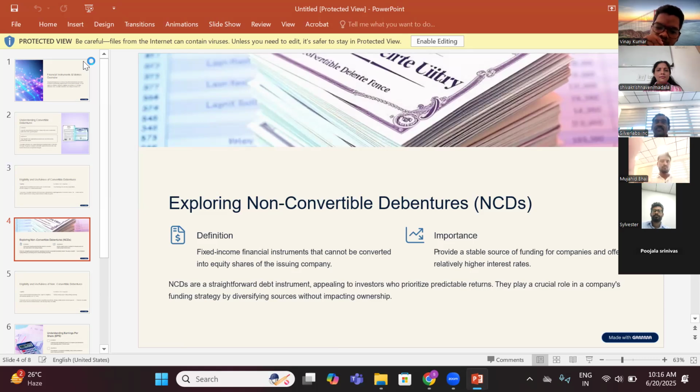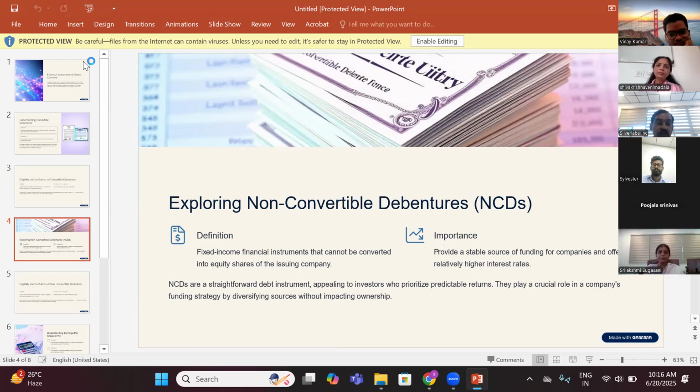So these funds will help the company in the crucial time, and this funding will help the company to diversify its sources without impacting the ownership. So non-convertible debentures can be raised in the market, and these will be fixed for a period of 1 year, 2 years, or 5 years, as I already told earlier.